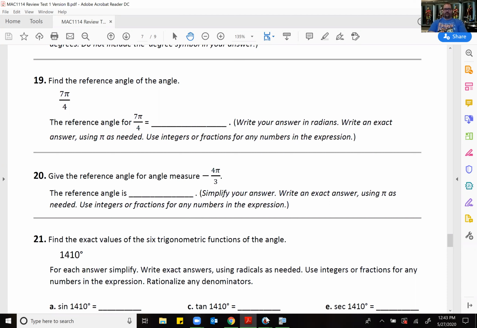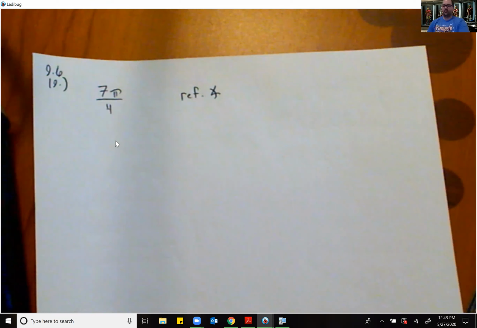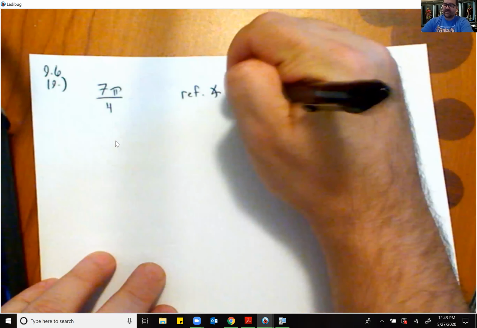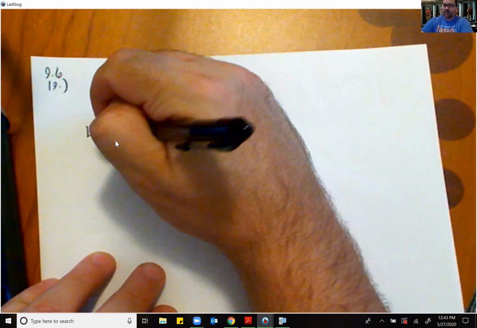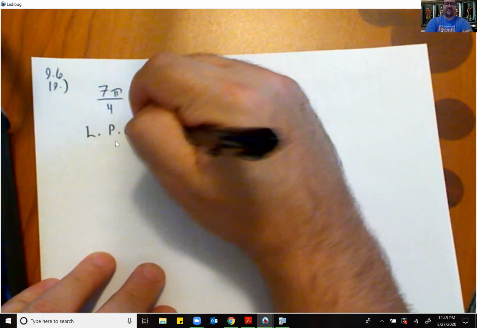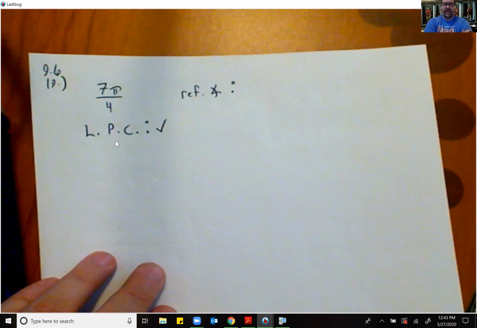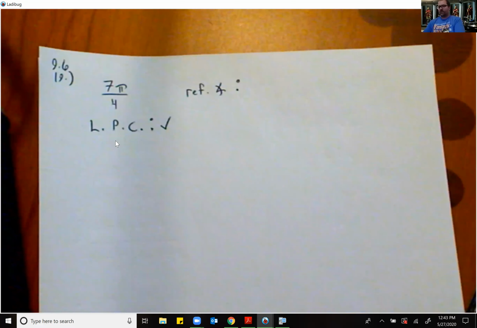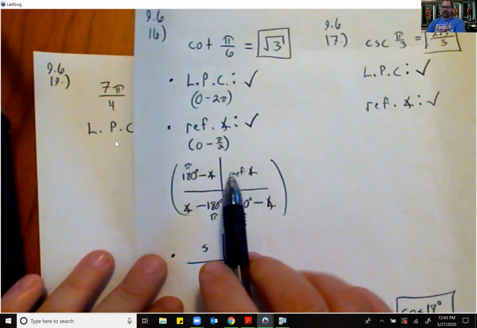First, before we get this guy, we got to make sure that is the least positive coterminal angle. Okay? And 7 pi over 4 is the least positive coterminal angle. It is between 0 and 2 pi. So now we're going to find that reference angle. And remember that I wrote down that chart right over here. So this is that reference angle chart.